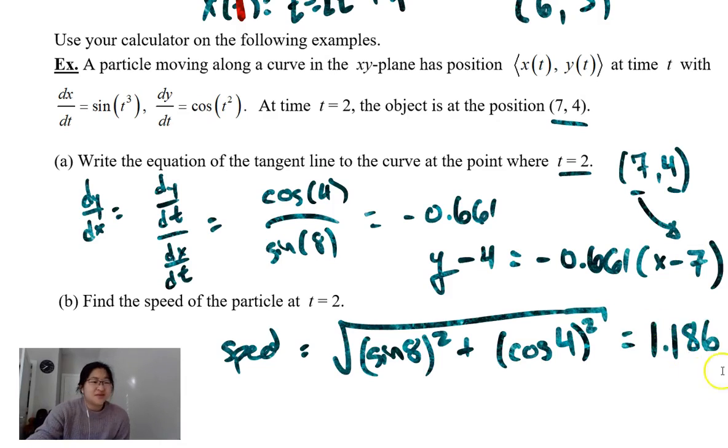AP exam likes rounding things to the thousandth. That's fine. I don't think they'll be too upset though if you just leave it like that, unless they actually want a number. So the speed of the particle at time t equals 2 equals this, which is that number.